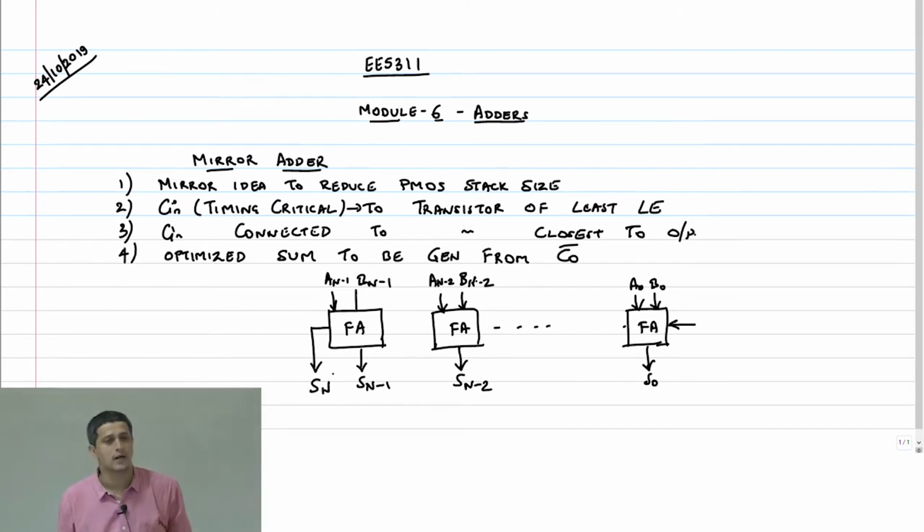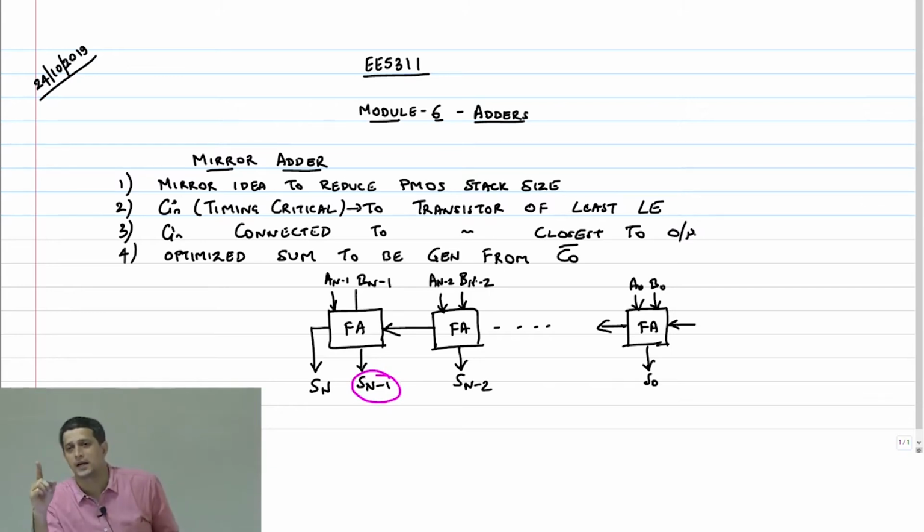It turns out that only for the last adder is the sum going to be on the critical path. For all the remaining n minus 1 adders on that ripple chain, it's the carry out that's going to be on the critical path. So this is the critical path.